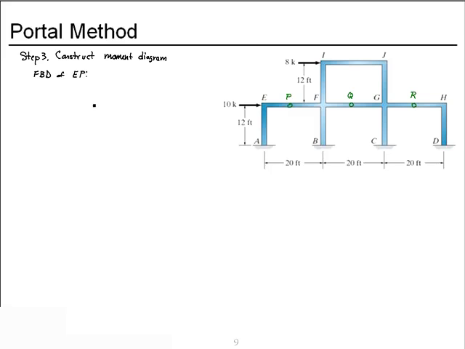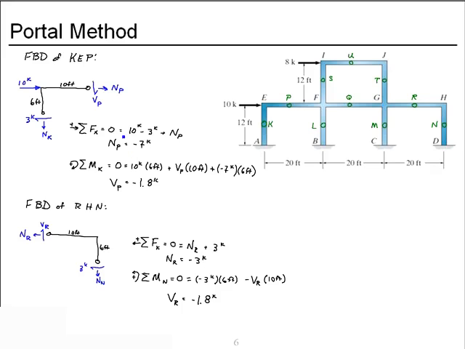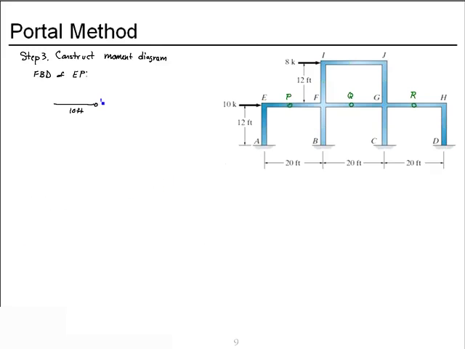We have an inflection point at the right side, and a rigid connection at the left side, 10 feet long. We see from our previous calculations that the normal at P is minus 7 kips and the shear at P is minus 1.8 kips. So we update our free body diagram.